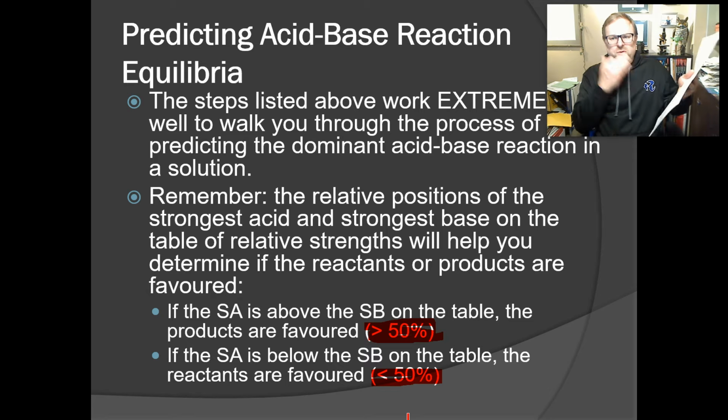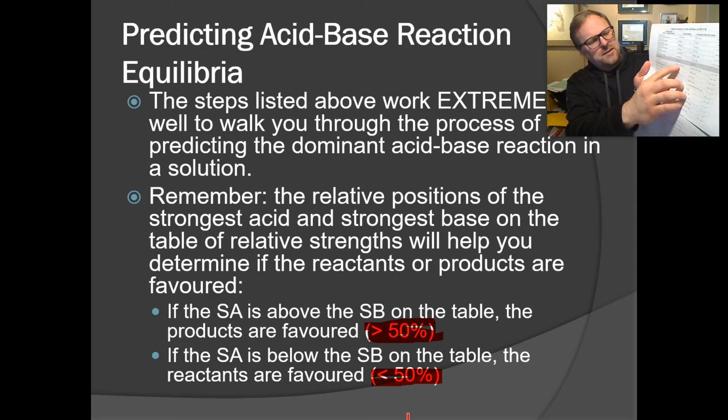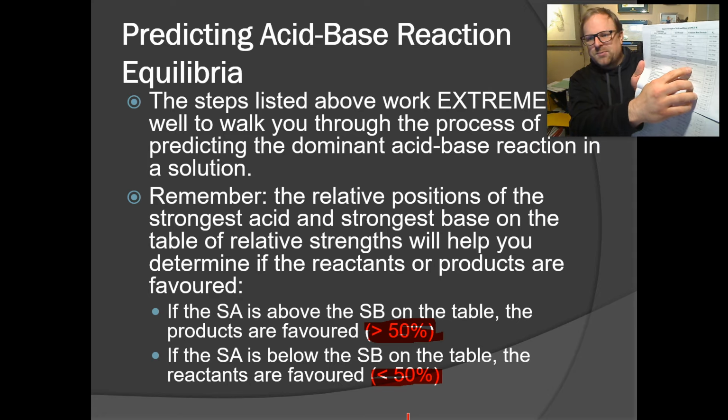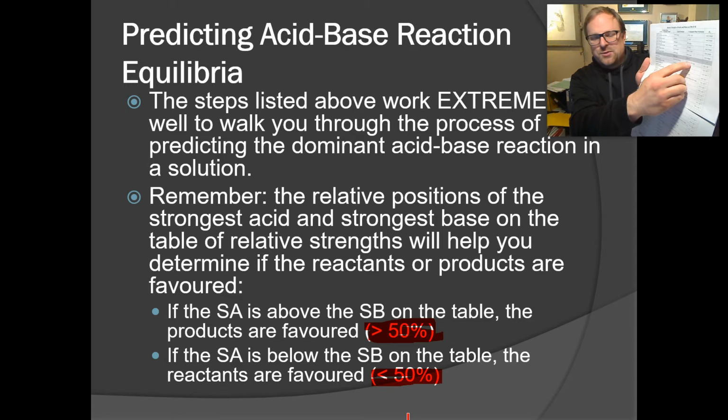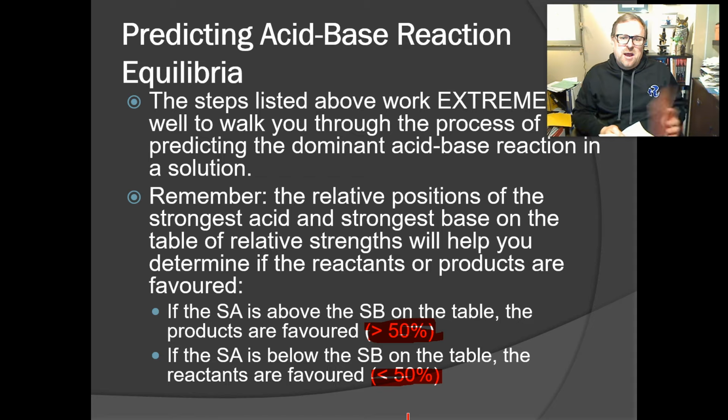So if we go back to here, this is my strongest acid and this is my strongest base. The strongest acid is above the strongest base, so the products are favored. If this is my strongest acid and this is my strongest base, then the strongest acid is below the strongest base, so the reactants are favored. That's really how it works.